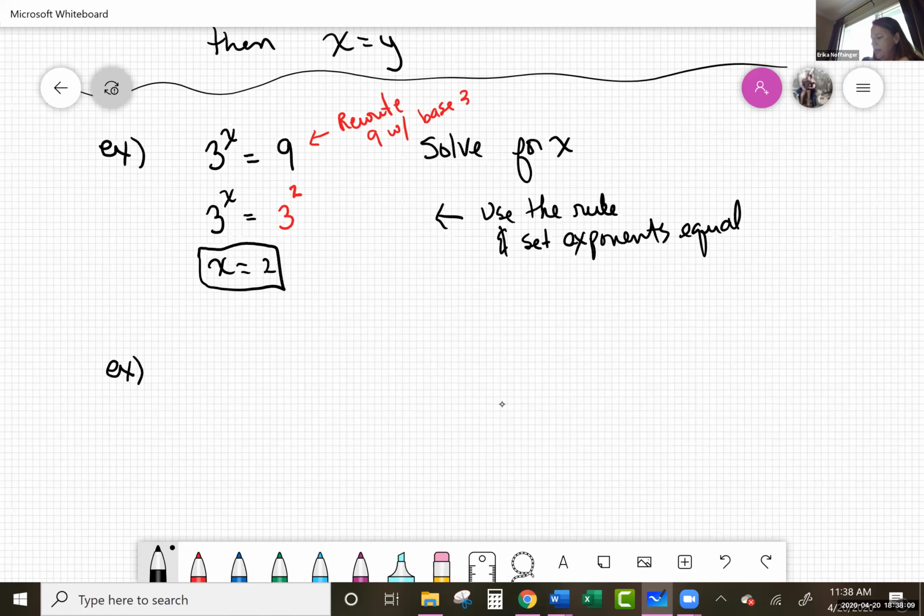So if we had 1/3 raised to the x is equal to 27. Figure out a base that these both can be manipulated and written in.